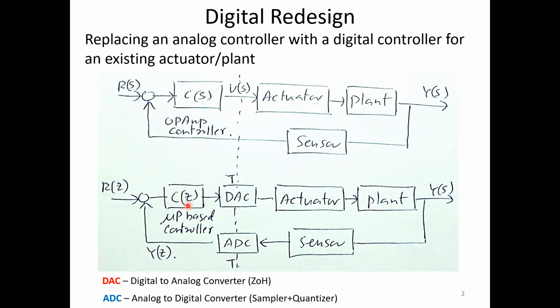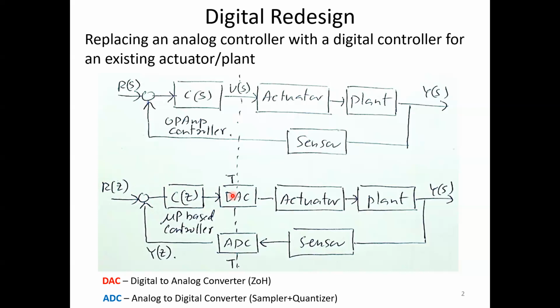But you can't abruptly replace C(s) with C(z) because you need to look at all the nitty-gritties, compatibility, communication, especially the communication. How should the discrete time controller communicate on one hand with the inputs coming into the system, and also how should it communicate on the right hand side to the actuator? We have to clinically implement those two processes.